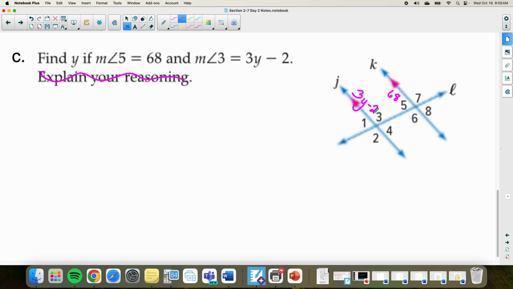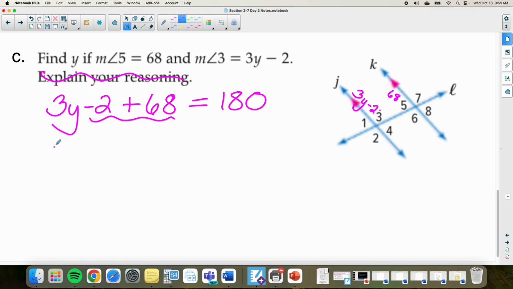So what I'm going to do here is add these together. I always put the one with the y first. So I'm going to go 3y minus 2 plus 68 equals 180. And we did that because these are consecutive interior. Now, these two I can combine, and negative 2 plus 68 gives you 66.